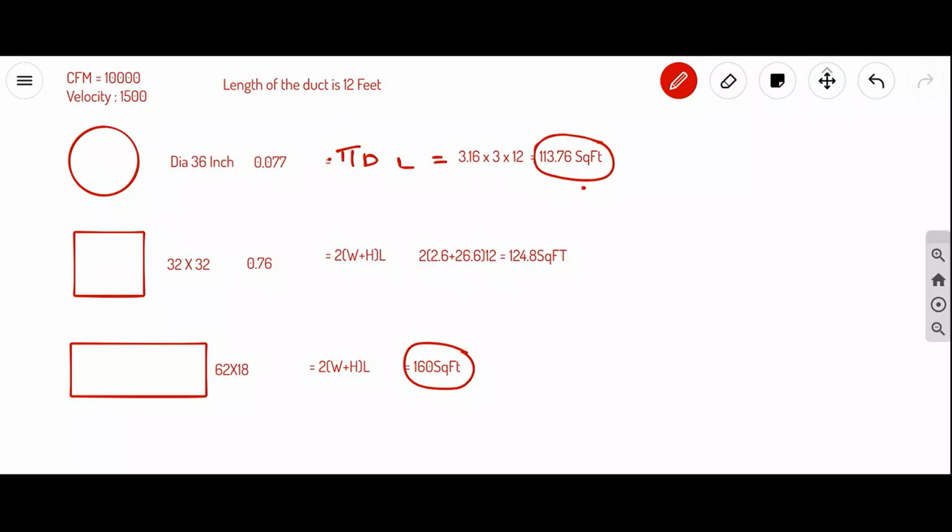Here, 160 consumes more material compared to this, right? If you use more material here, is this profit for the company? No. If I am using more material, will I make a profit? No. So for the company it is a loss. So the initial investment is higher. So if the investment is higher, will you recommend that duct?